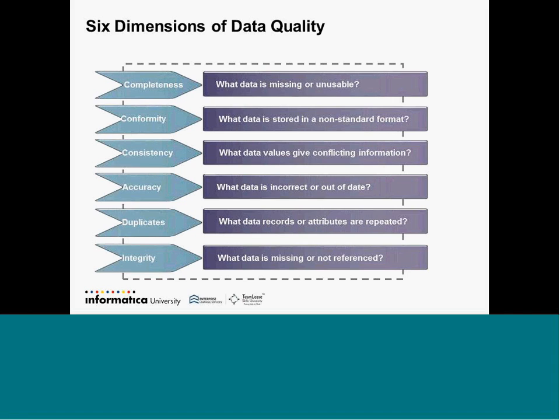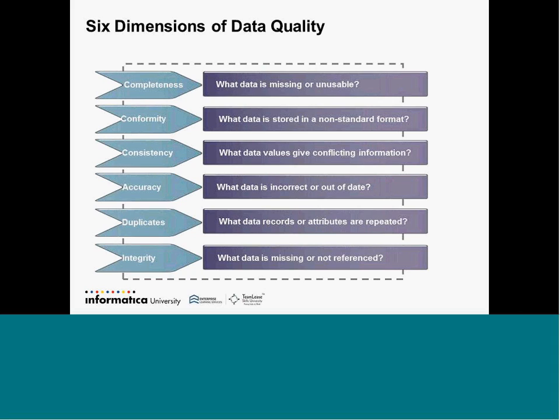For the organization's data, it is expected that this data must be checked through the 6 dimensions: completeness, conformity, consistency, accuracy, duplicacy, and integrity. Typically, completeness, conformity, consistency, and accuracy come under the category called data standardization. So you will be expected to standardize the data, and you will be expected to deduplicate the data.